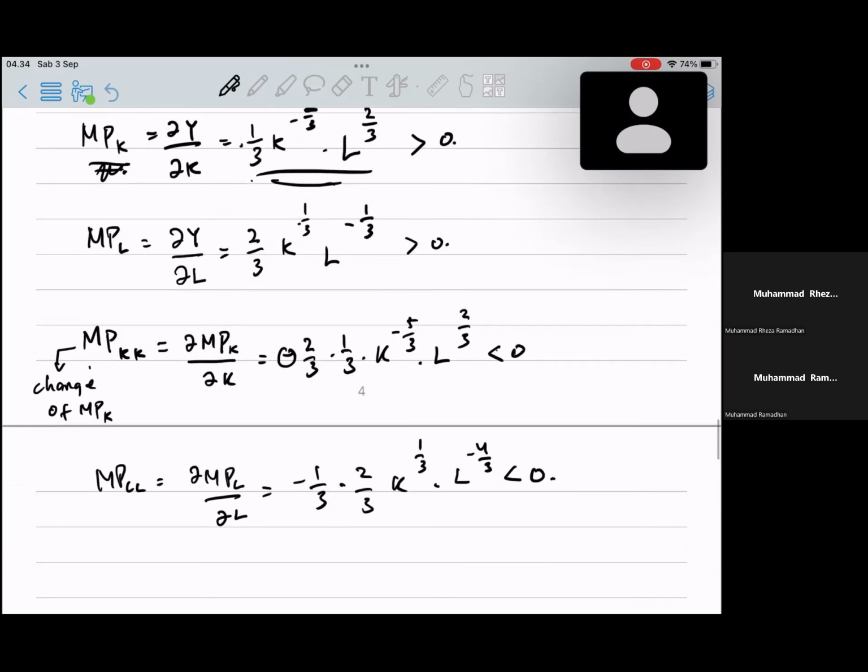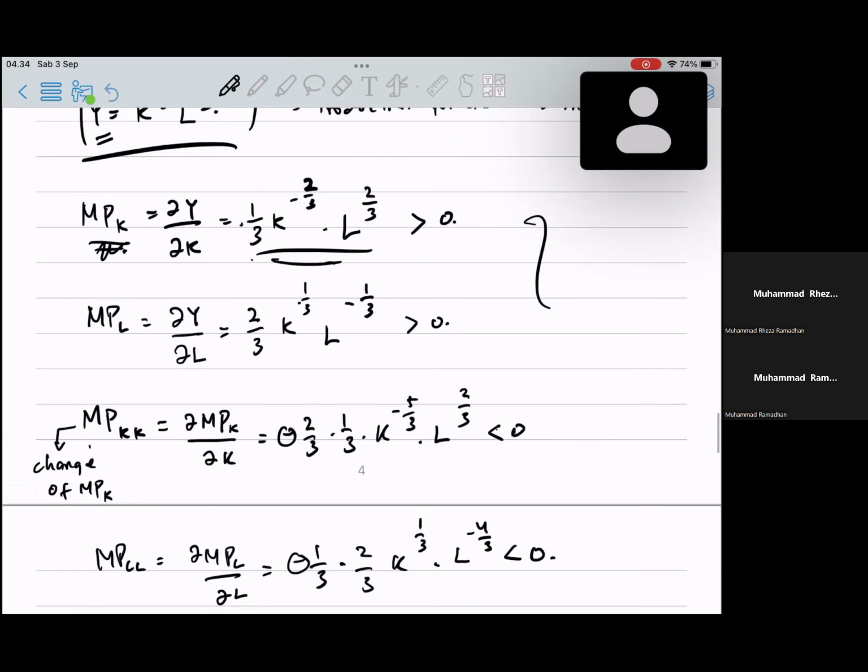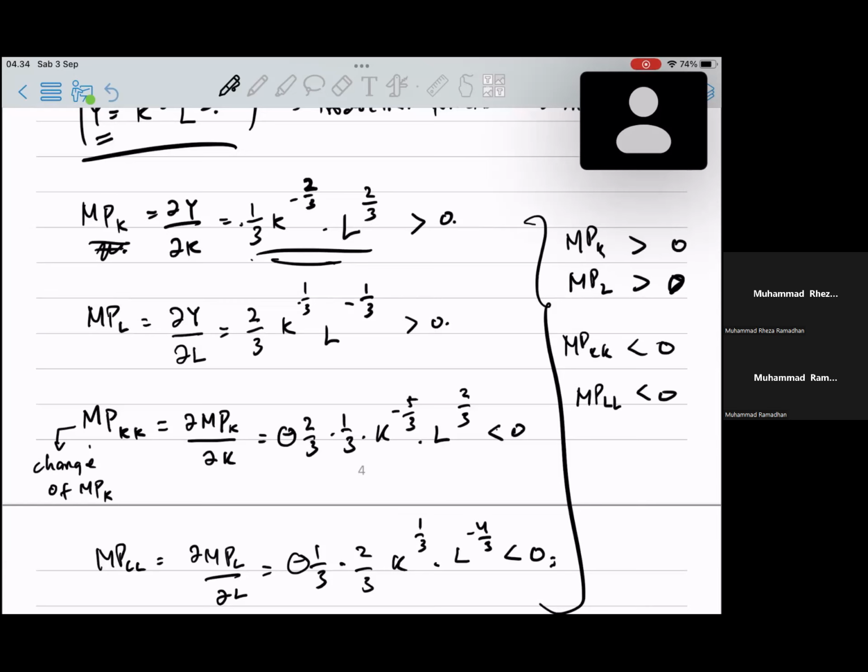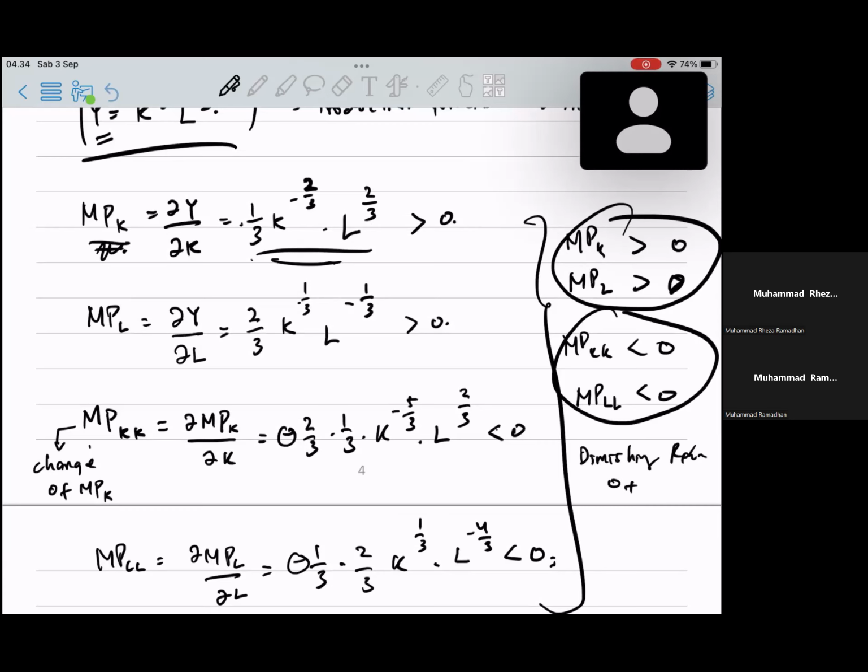So in this term, you know that MPK and MPL are more than 0, but MPKK, the change of MPK, is less than 0, and the change of MPL is also less than 0. So it describes the diminishing return of marginal productivity of input.